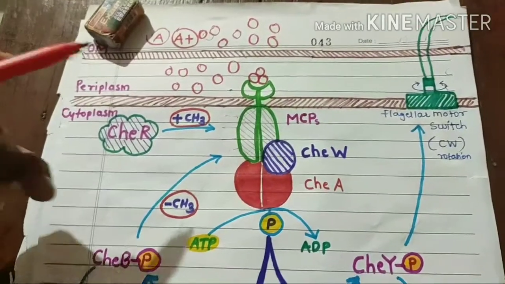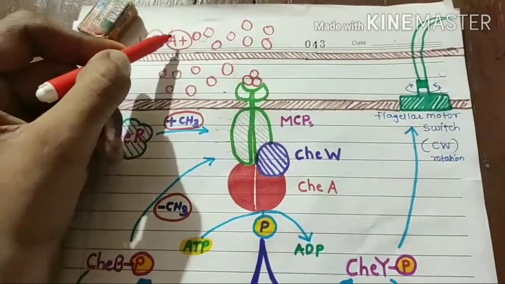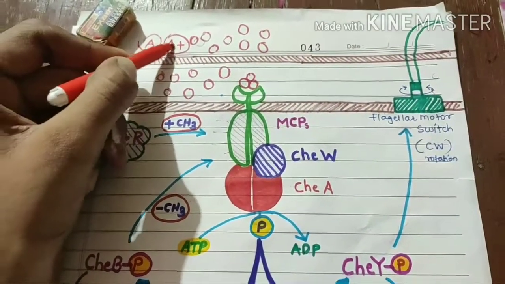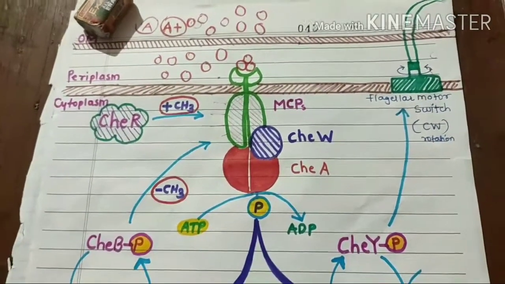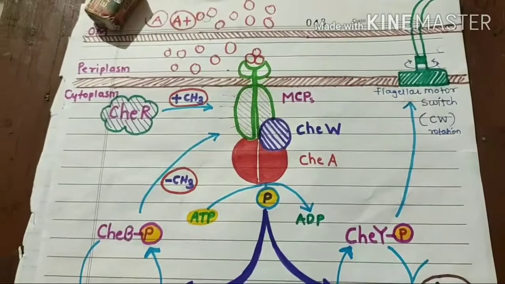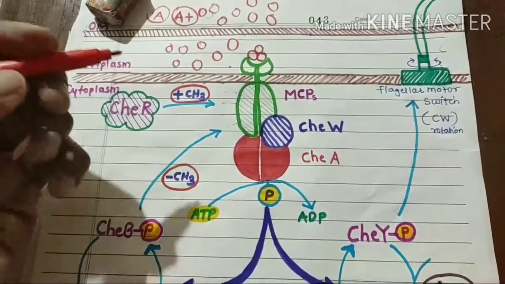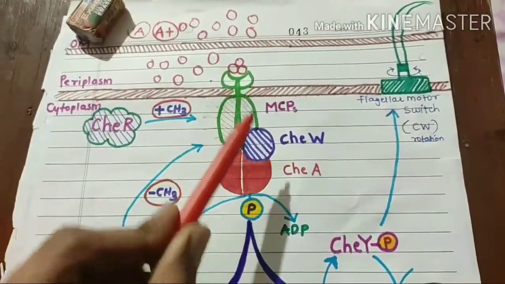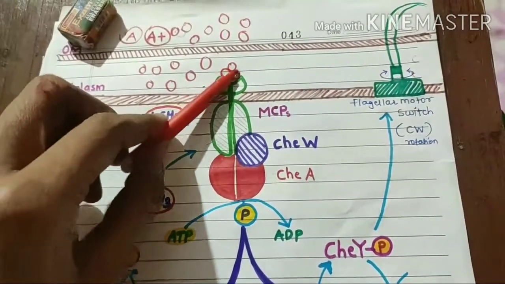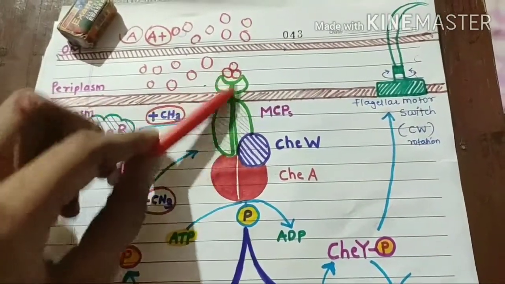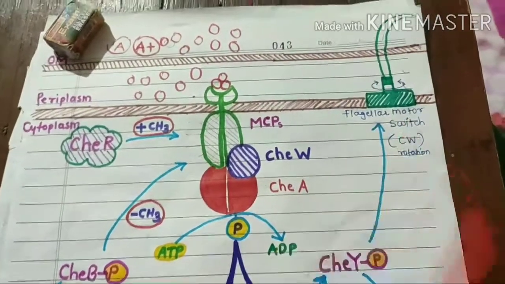So now what happened, it has become adapted to this attractant concentration as well. So now this concentration of attractant is not effective in causing the smooth running, but even in the presence of attractant, it is causing more and more tumbling.